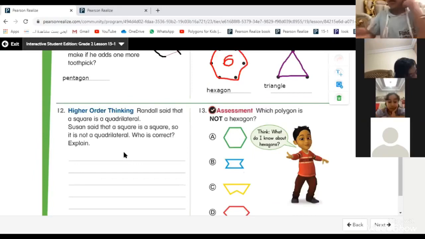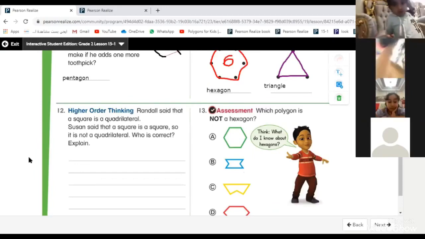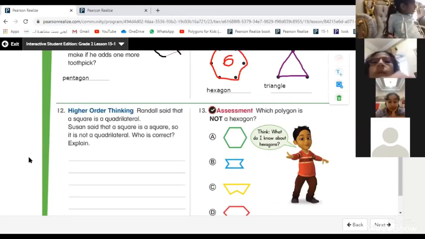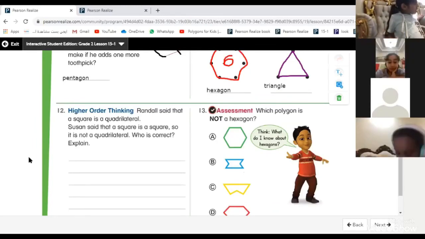Kenzie, read number 12, please. Randall said that a square is a quadrilateral. Susan said that the square is a square, so it is not a quadrilateral. Who is correct?